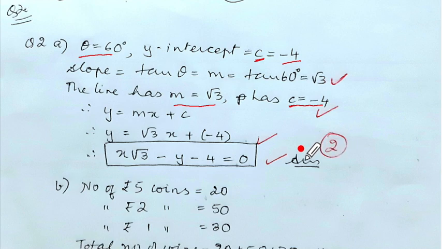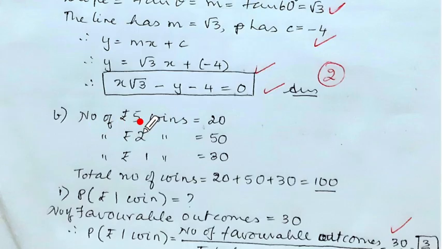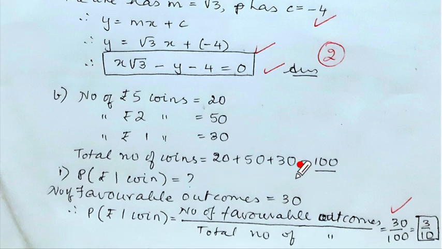Now if you look at the B part, the number of 5 rupee coins were 20, number of 2 rupee coins were 50, and 1 rupee coins were 30. So total number of coins were 100. Okay. Now probability of rupee 1 coin, if it is picked at random. So what would be the favorable outcomes?